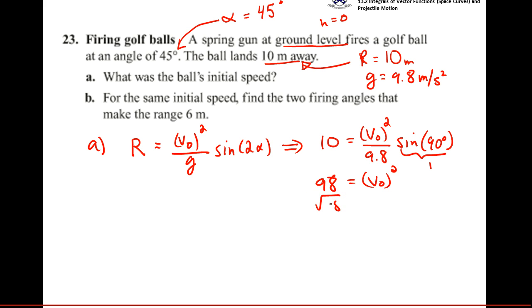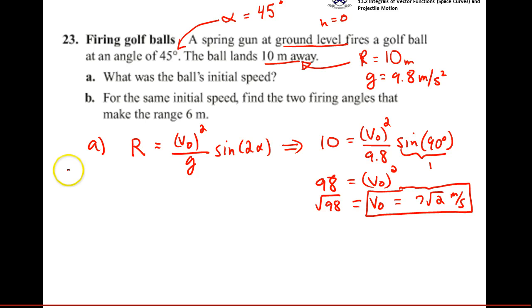The square root of 98 has a perfect square as a factor, 49 times 2, so we pull out a 7, and the initial speed is 7 root 2. It's a speed, so the units are meters per second. That's the answer to part A.